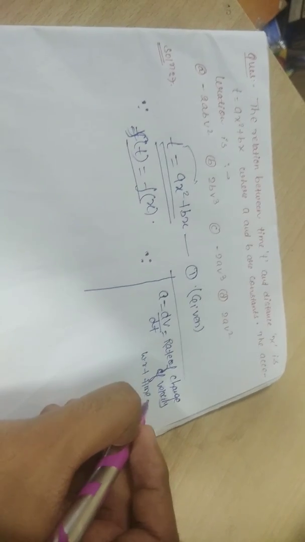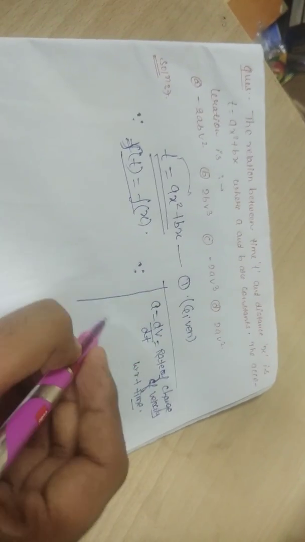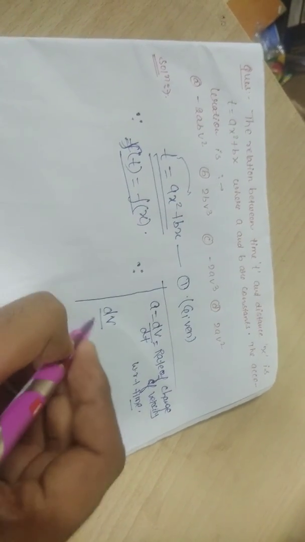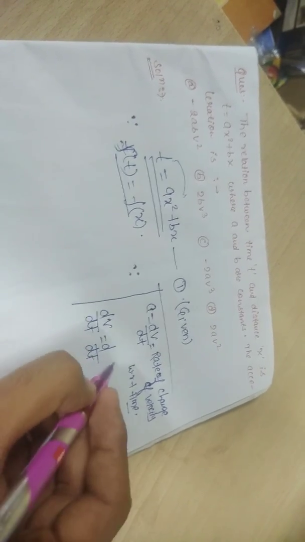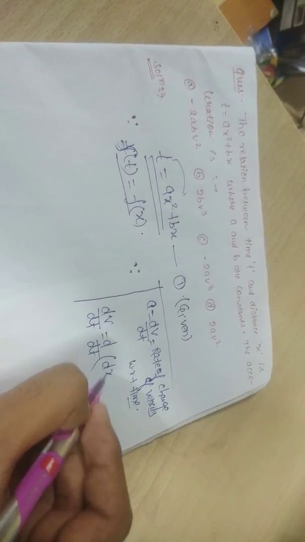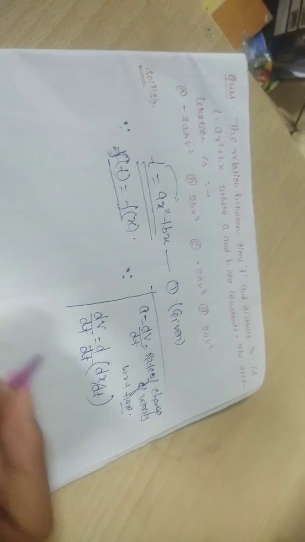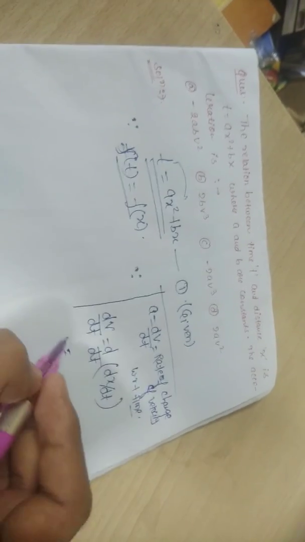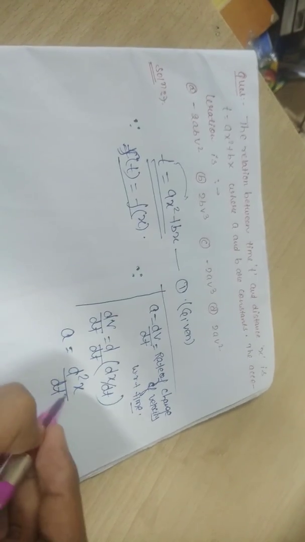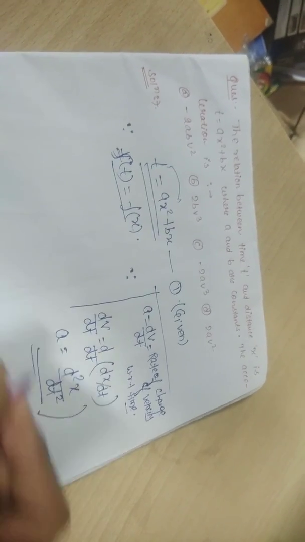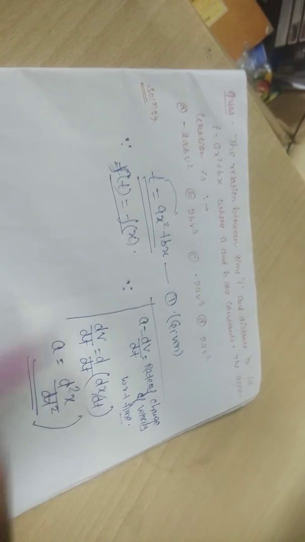Now how can you write dv by dt? Velocity we can write as dx by dt, so acceleration is d2x by dt squared. Just remember this, because we have to differentiate two times.